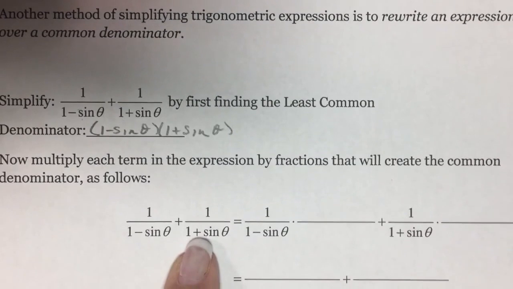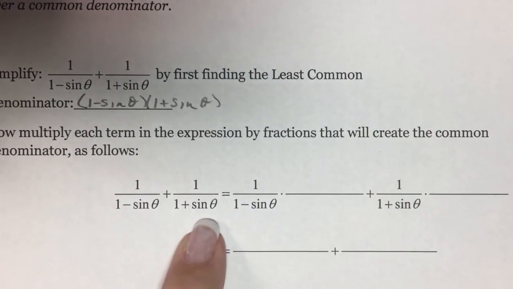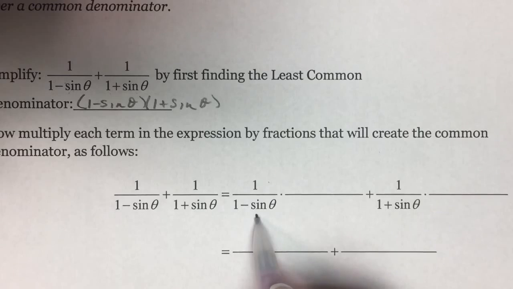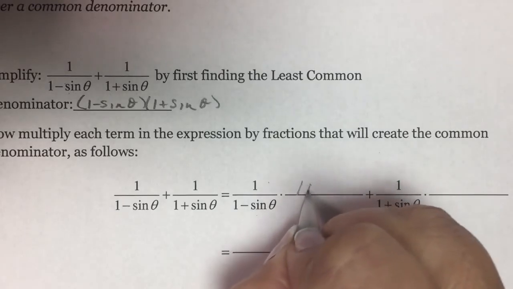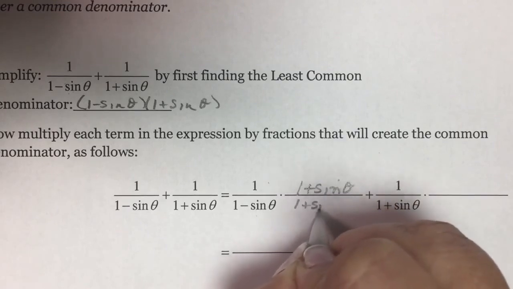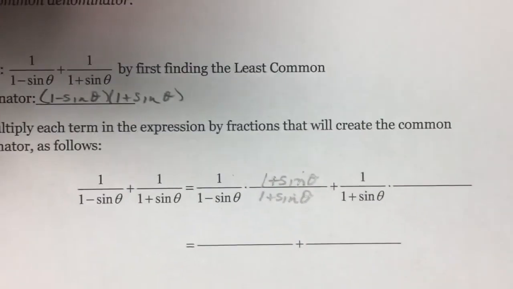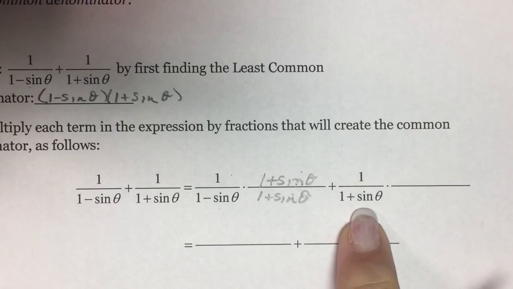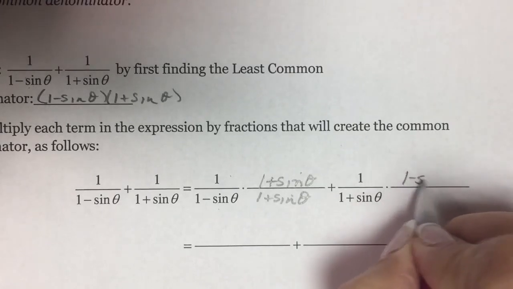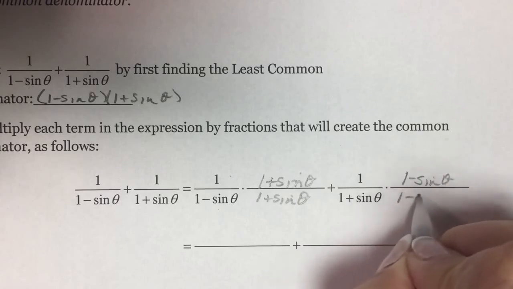So here's the first fraction. To get it over the common denominator, I'm going to multiply top and bottom by 1 plus sine theta. And here's the second fraction. To get that over the common denominator, I'm going to multiply top and bottom by 1 minus sine theta.